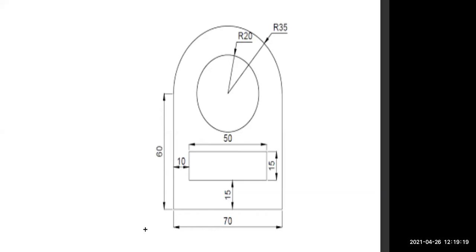This is a very simple drawing, so you can think of starting from here, or you can think of starting with the circle also. But if you have any complicated drawing, normally what we do is start from one corner or one end point. So that's why I want to start from this bottom left corner.